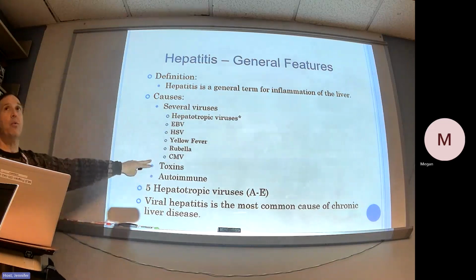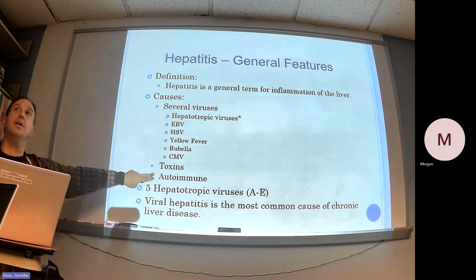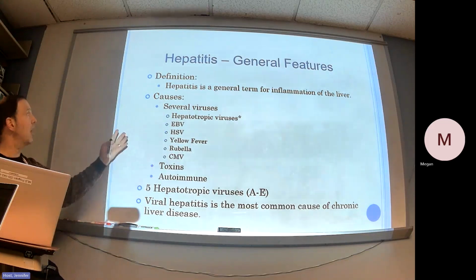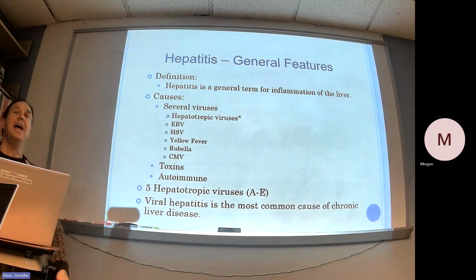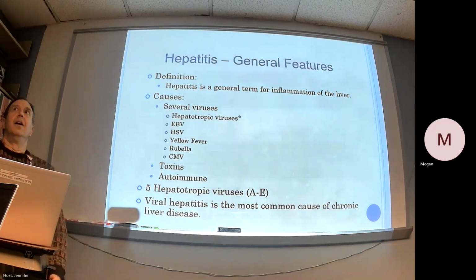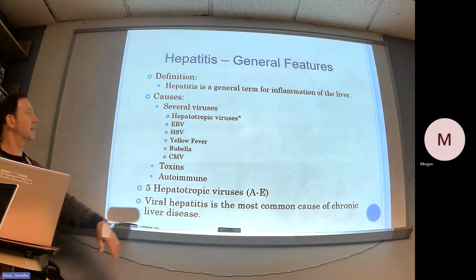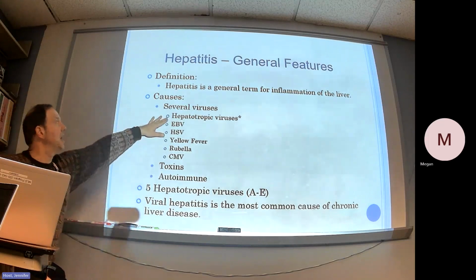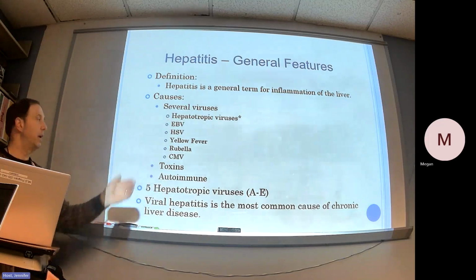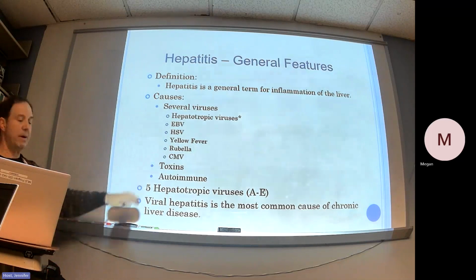You can injure by what it detoxifies. You can injure by your immune system. So there's a lot of different ways to get hepatitis. And just like we talked about with virus, what kind of cold do I have? Well, it's not corona. It's not COVID. The same thing with hepatitis. It's like, what do I have? Hepatitis. Well, it's not this, then it could be autoimmune, could be anything else. This is what we're going to talk about.